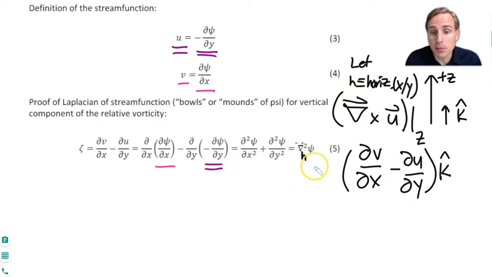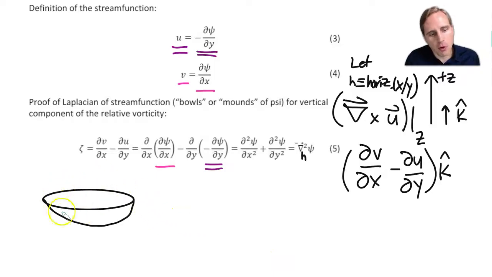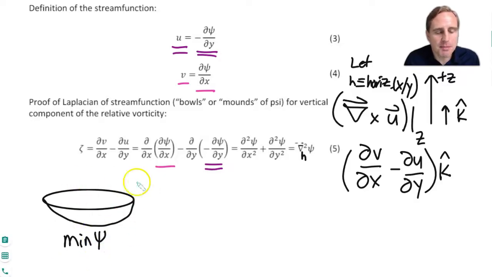So if this is the Laplacian, what is a Laplacian about? Well, for those of you that have studied Laplace's equation before, essentially Laplace's equation says where are the two-dimensional local mins or local maxes. Let me briefly try to explain what I'm saying. If you have an upward facing bowl of psi, so this is like a minimum of psi, notice this minimum of psi is going to produce what?